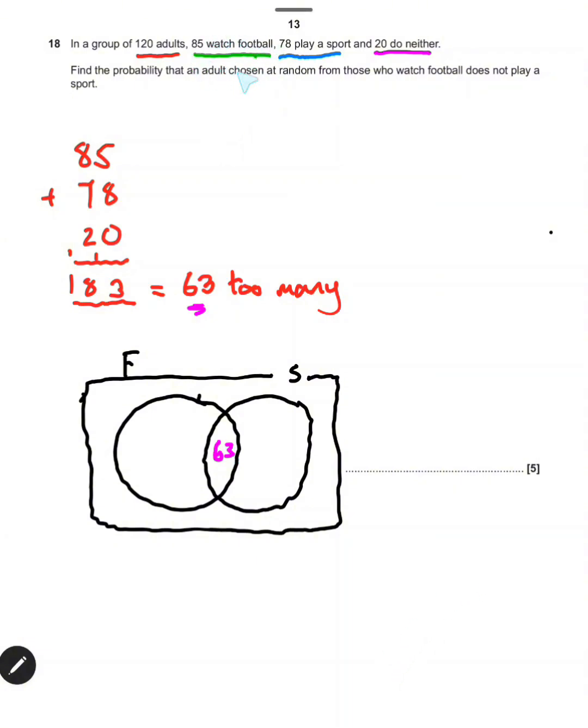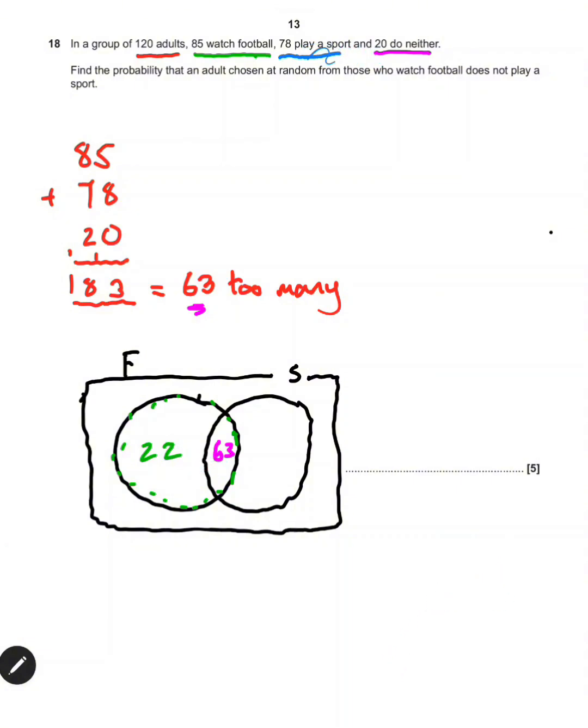We know that 85 people watch football, so this entire zone here has to come to 85. I've already got 63 in that circle. I want 85, so I need 22 just watching football. That together is 85 in total watching football.